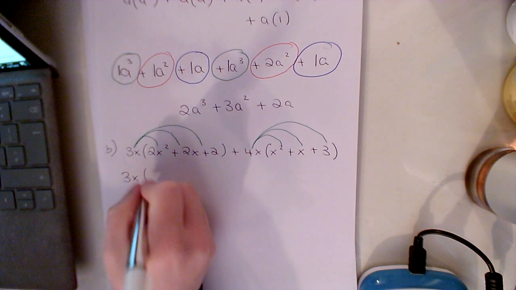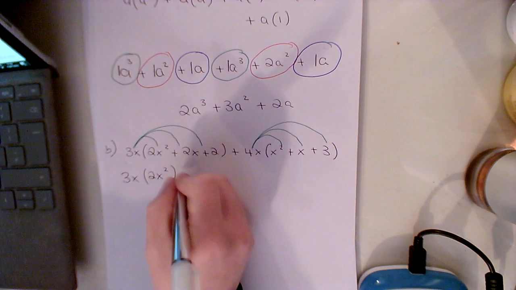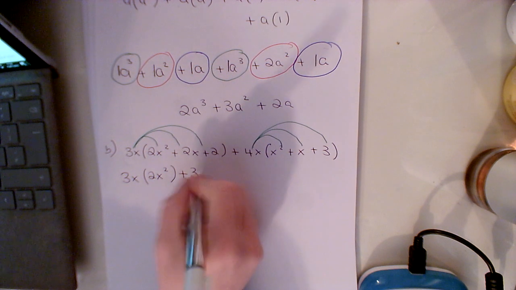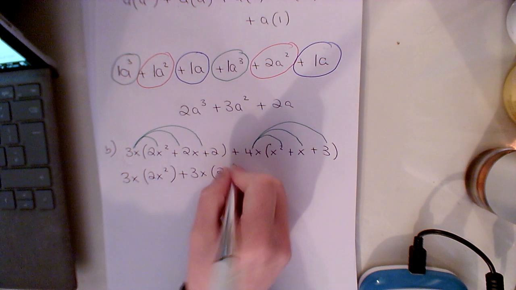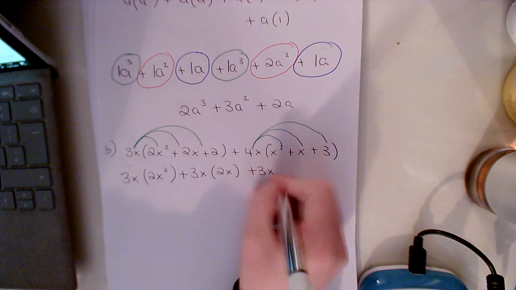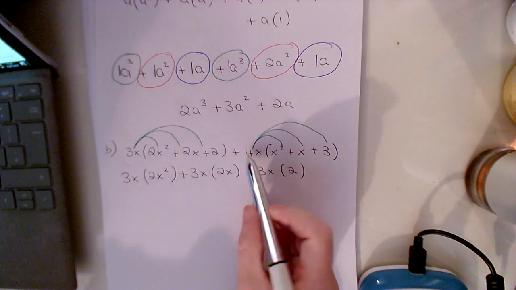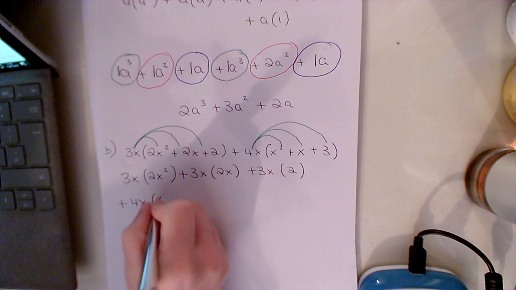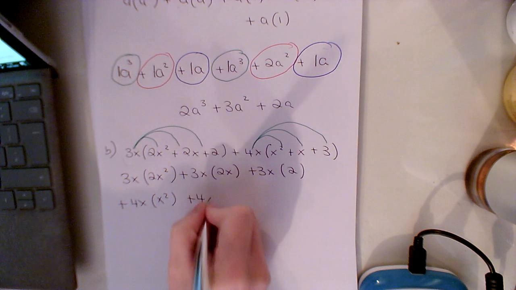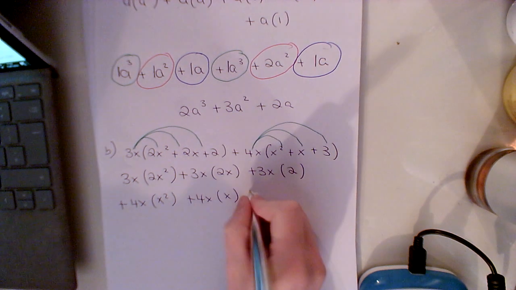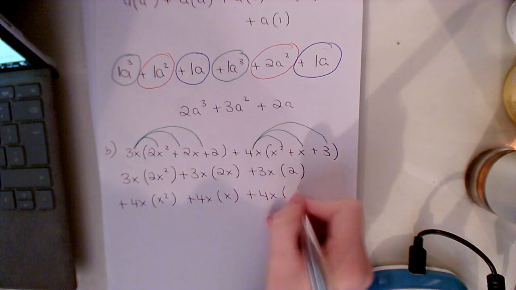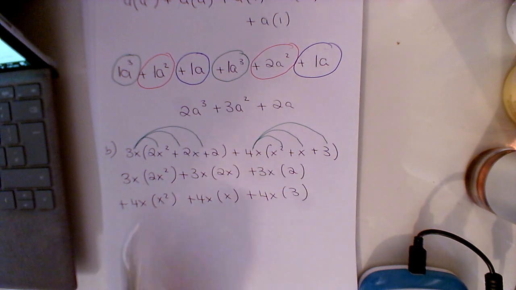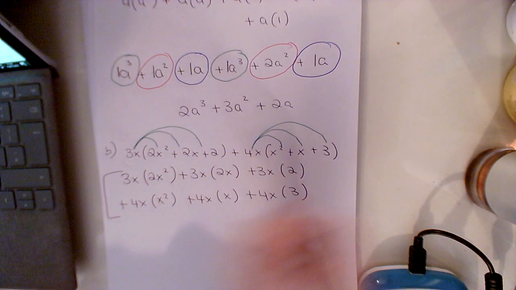So I have 3x(2x²) plus 3x(2x) plus 3x(2). And then I'm going to rewrite this one. So I have plus 4x(x²) plus 4x(x) plus 4x(3). And now I need to multiply out this here.